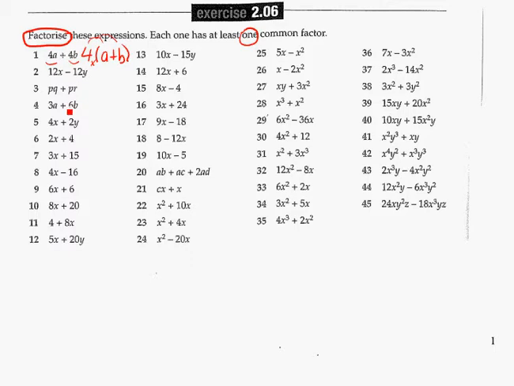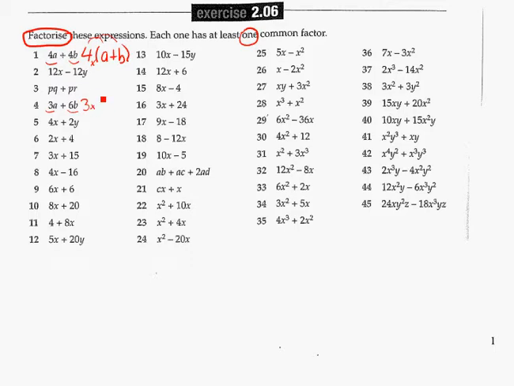Clearly the next few are quite simple. If we just remind ourselves how to do one like number 4, looking for a common factor between 3a and 6b. We always go for the greatest common factor, which in this case would be 3. 3 divides into 3 and 6.